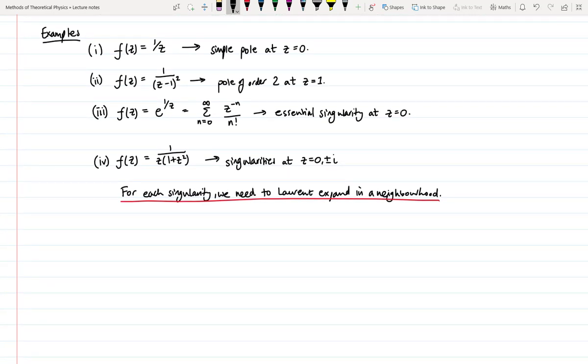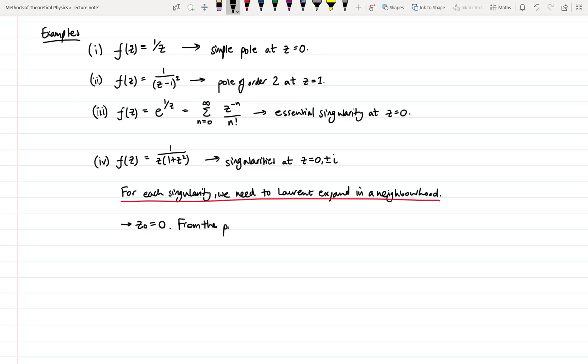Let's begin with the singularity when z0 equals 0. Well, actually, in the previous topic, we found the Laurent series of this function in a particular neighborhood about this point.